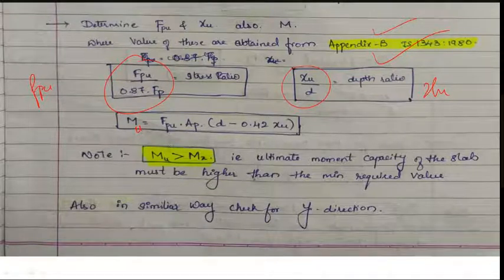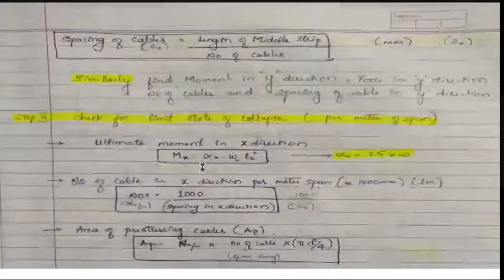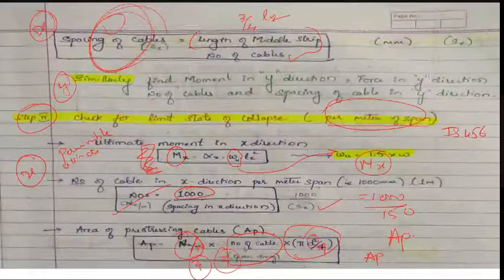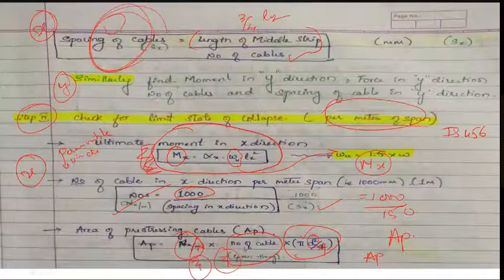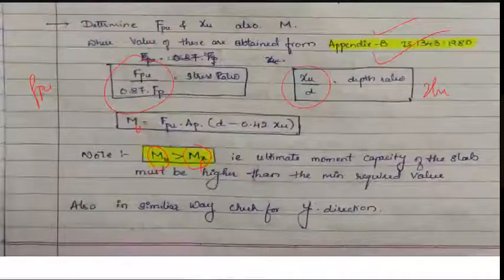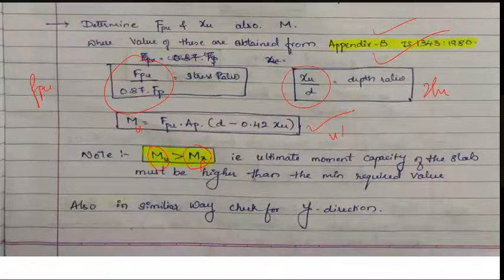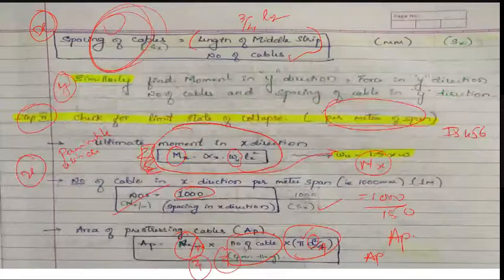And always there should be a condition that Mu should be greater than Mu permissible, which you calculated, this one should be lesser compared with this one. This is the ultimate moment of resistance or capacity, whatever. Then this one was the permissible ultimate moment.